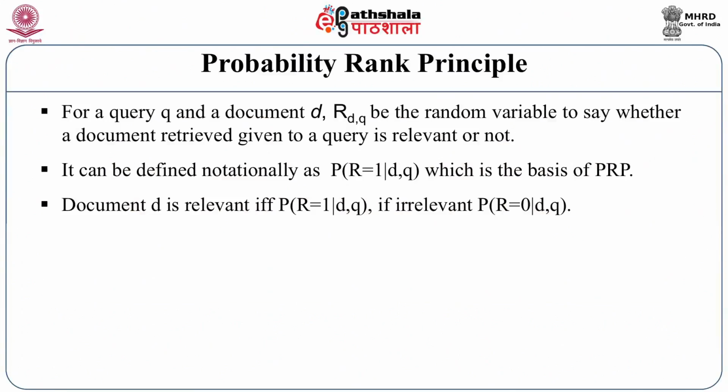The document D is relevant if the probability of R equal to 1 given D and Q. If irrelevant, the probability that R is equal to 0 given D comma Q. That is the 1-0 case of the probability rank principle. The scheme is very simple.